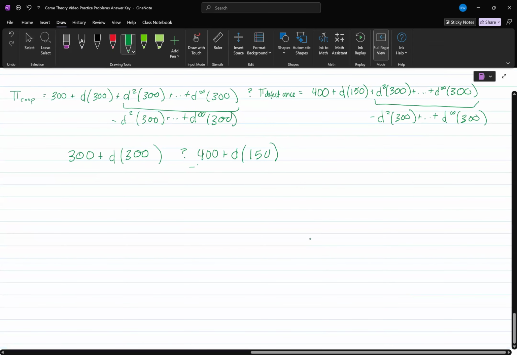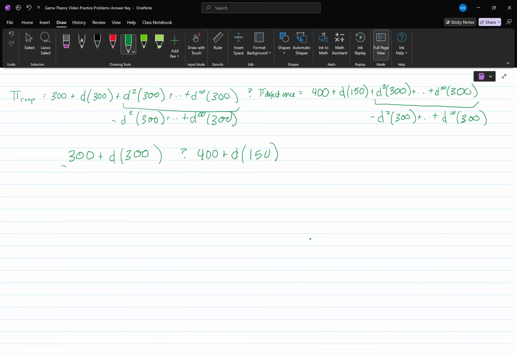We're going to subtract 300 from both sides and subtract the discount rate times 150 from both sides. And that's going to get us discount rate times 300 minus the discount rate times 150 on the left. And we want to know how that compares to 100.